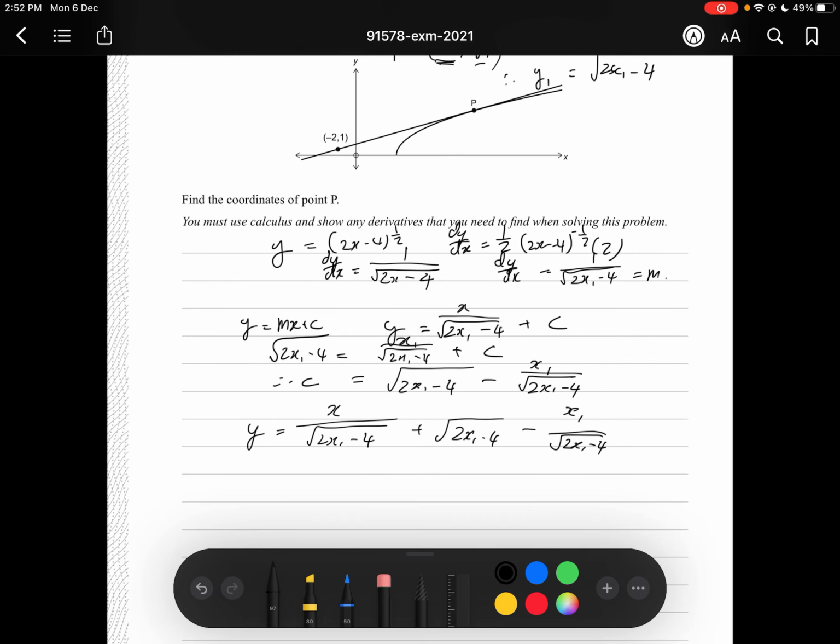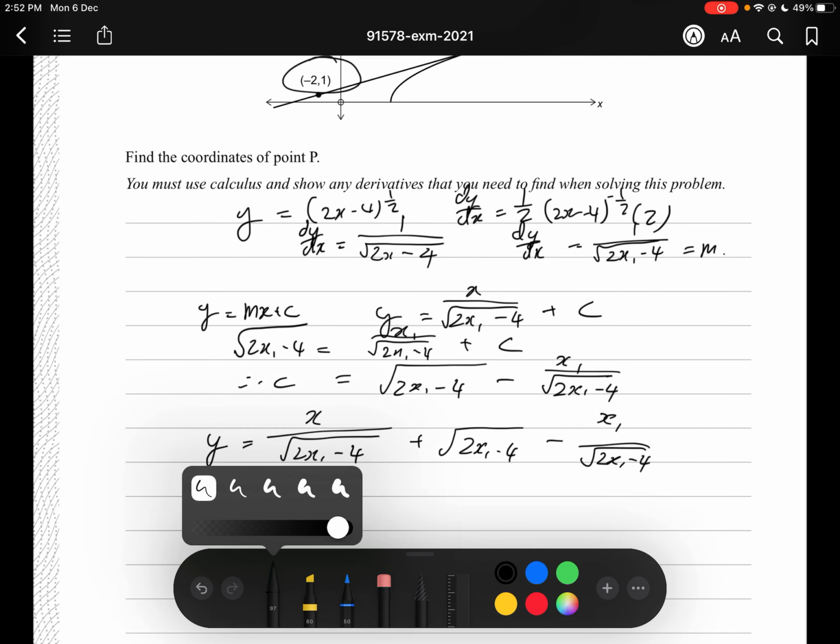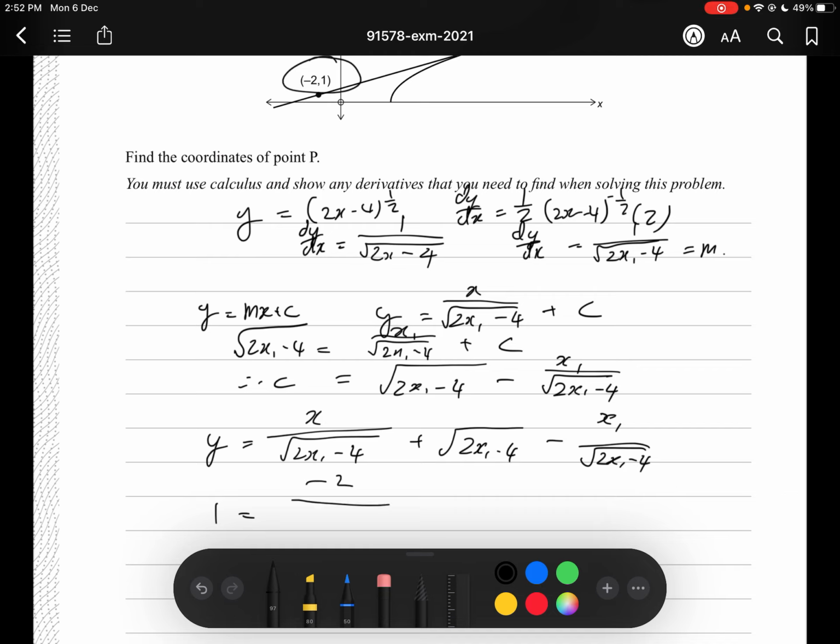We know that the line passes through the point negative 2, 1, and we can substitute this in to find the value of x1. So we can say that y is 1 and x is negative 2. So 1 equals negative 2 over the square root of 2x1 minus 4, plus the square root of 2x1 minus 4, minus x1 over the square root of 2x1 minus 4.